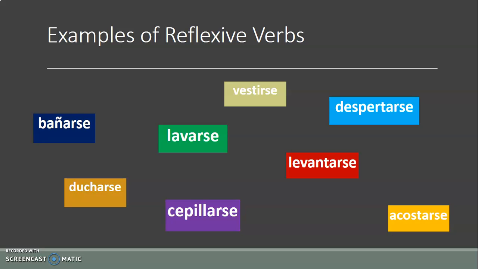But when we conjugate these verbs, what will we have to do? We're going to have to drop the se and put another particle, the reflexive pronoun, in front of the main verb. You're going to see exactly what I'm talking about right now.